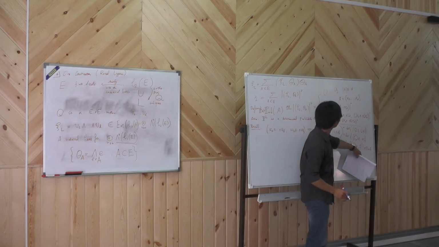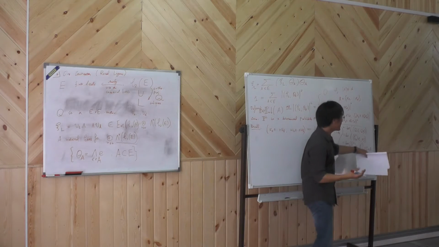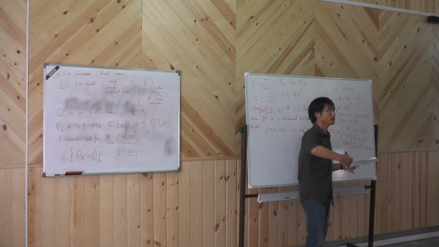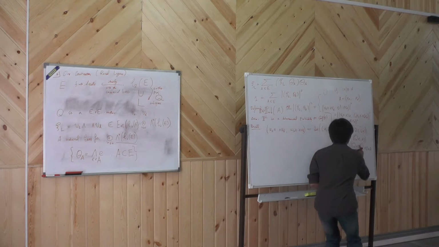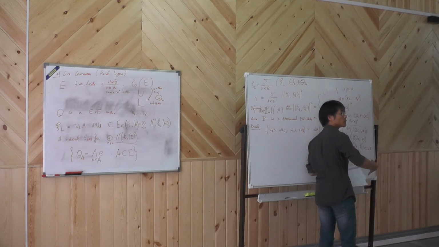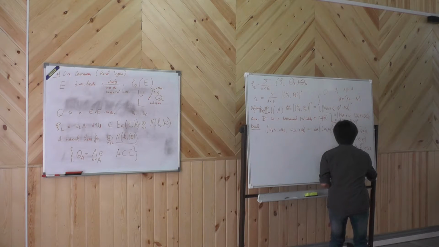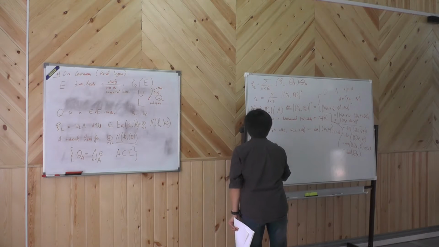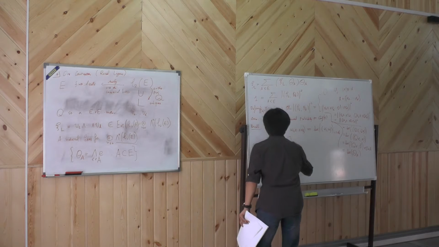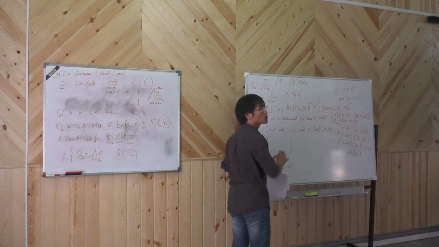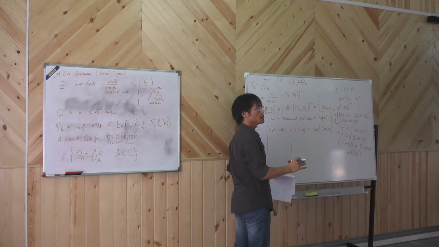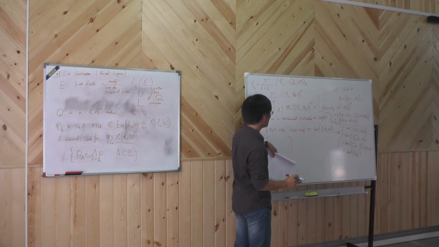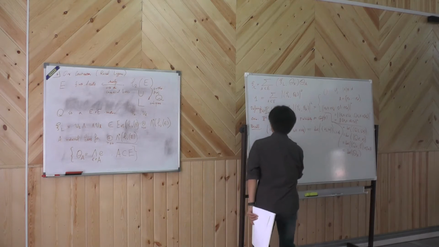And so, since A is a subset of the basis, this is the minor of the matrix Q restricted to A. So we have Q is a matrix, and the rows and the columns both are indexed by the points of E, and here we just take those.